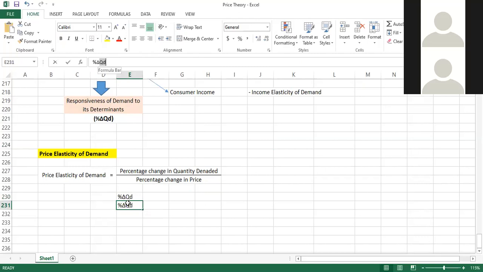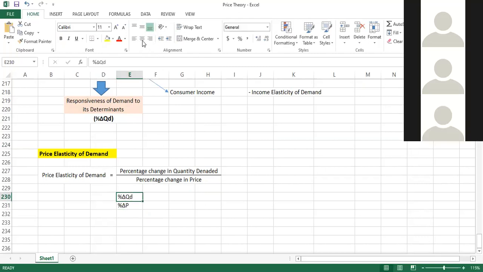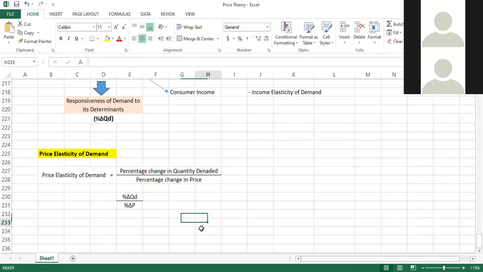When the price changes by certain percentage, what is the percentage change in quantity demand? So that is the meaning of price elasticity of demand, right? So this is what we measure using the price elasticity of demand. So price elasticity of demand means when the price of a product changes by certain percentage, what is the percentage change in quantity demand?